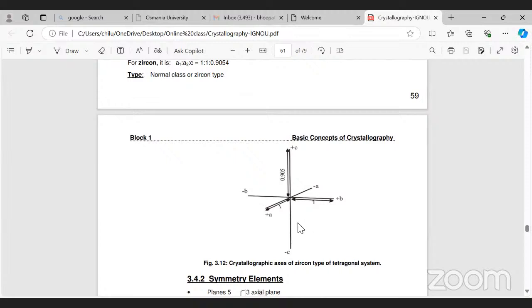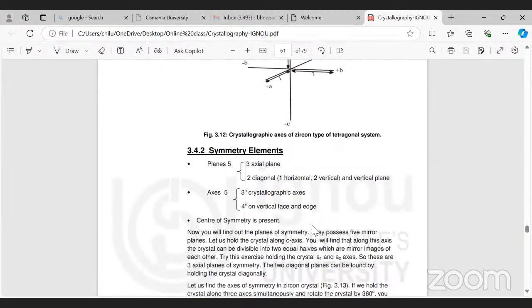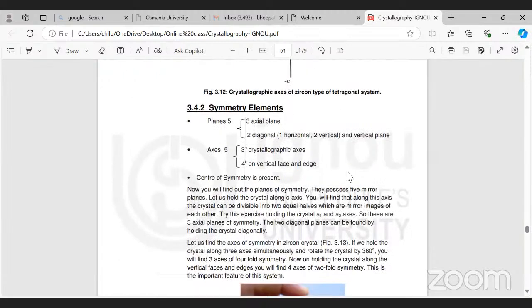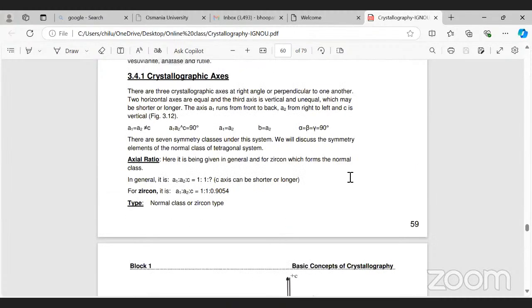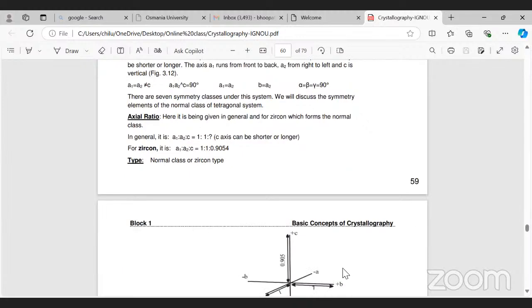It has a different length compared with these two. You see here it is mentioned as one and one, but it has a shorter length compared with these two, 0.9.